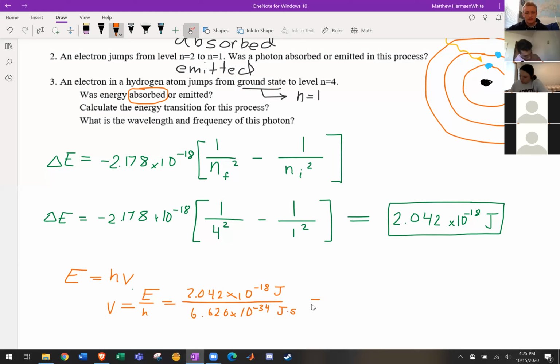So if you weren't here yesterday, the h value for Planck's constant is always the same. It's always going to be 6.626 times 10 to the minus 34. So here, we get that the frequency is 3.082 times 10 to the 15.